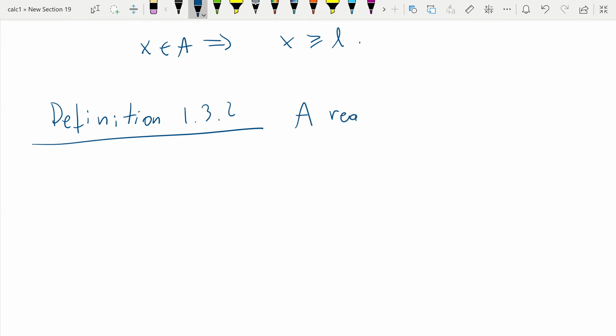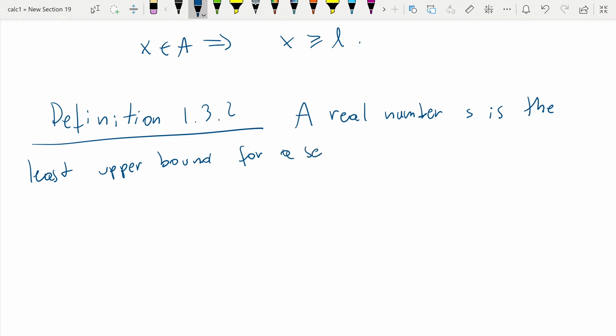A real number S is the least upper bound for a set A contained in R if two things happen.